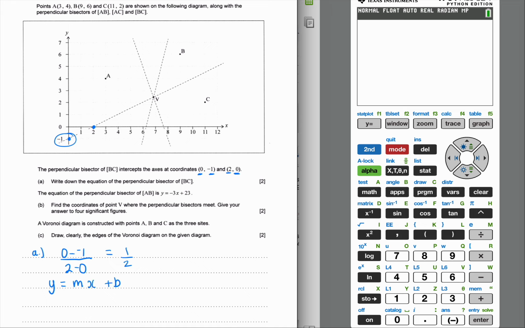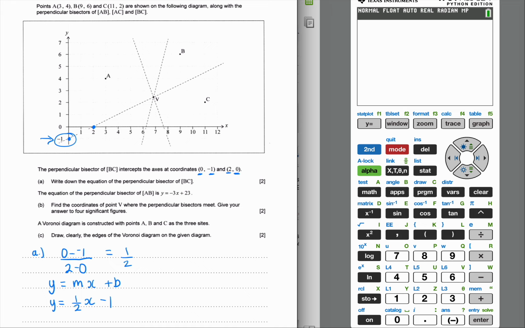In this situation, we don't really even need to use the formula y minus y1. We can just use this one here. So y is equal to, we know the gradient is 1/2 of x, and then we also know that it crosses at -1 on the y-axis. So it's just y equals 1/2 x minus 1.